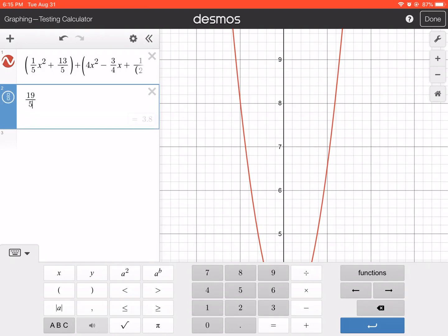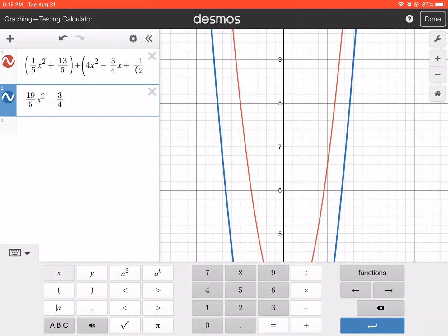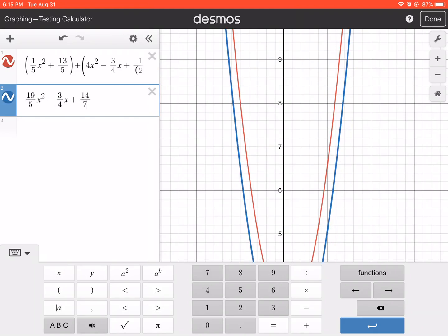19 divided by 5, x squared. Remember, we're using an x. Subtract 3/4, and then go out to the side, x plus 14/7. You should be typing this in with me. If you need to pause the video, you can, so that you can see this on your device as well.